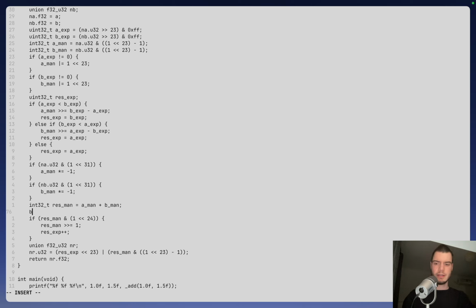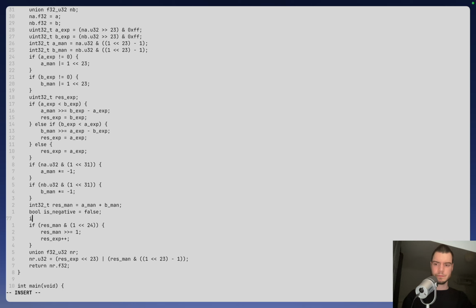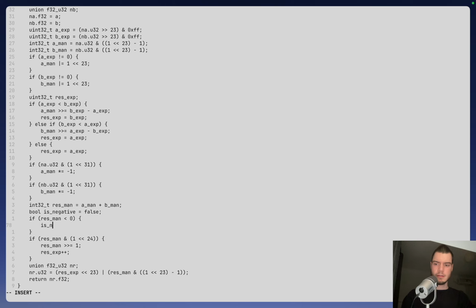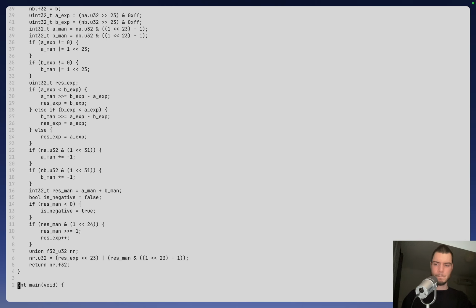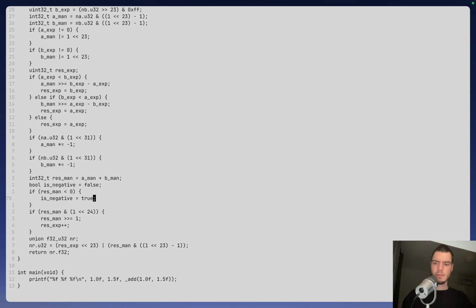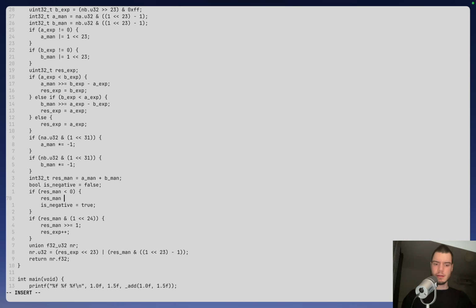So I think here I'm going to create a value that's like is negative. So if the resulting mantissa is negative, I'm going to set this value to true. And again, multiply this by -1 to get a positive value out of this.